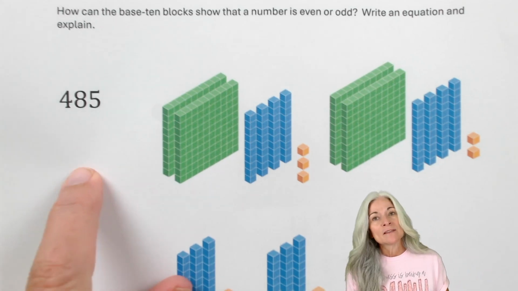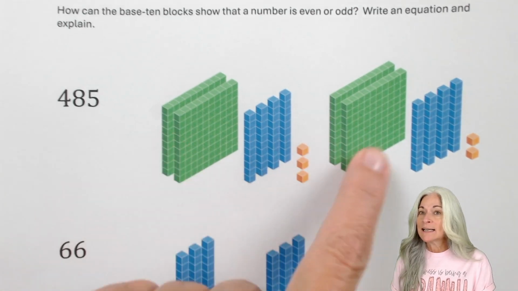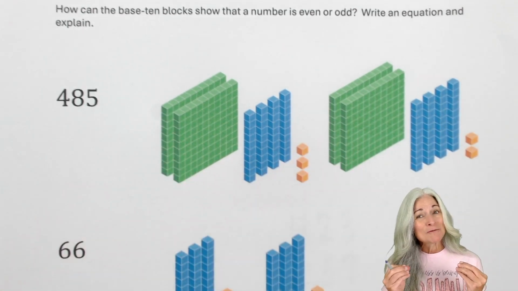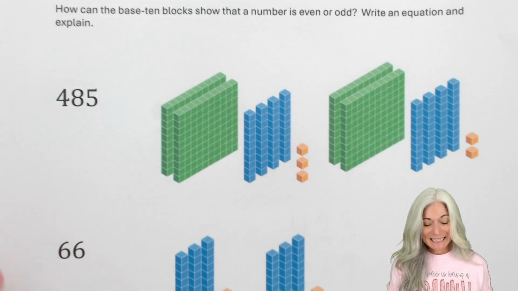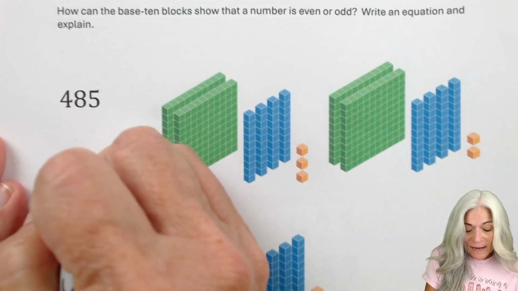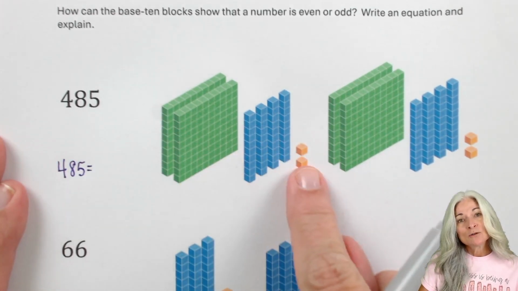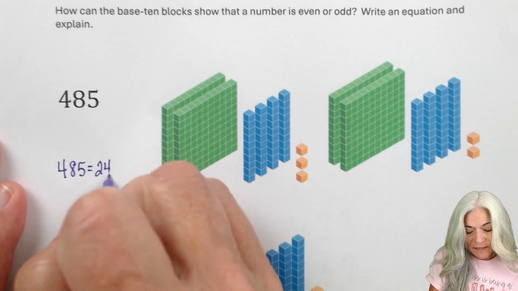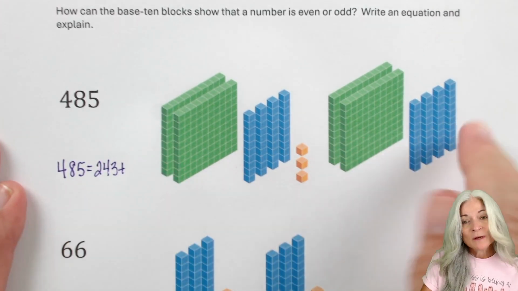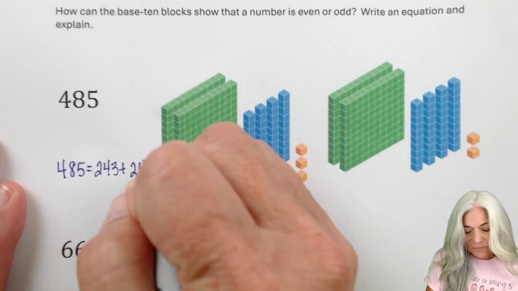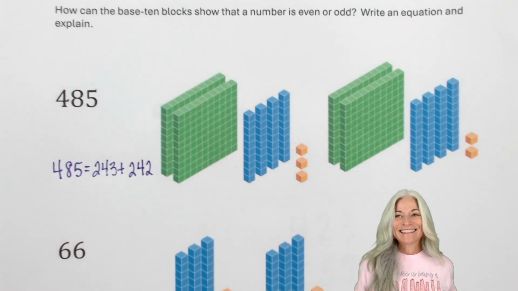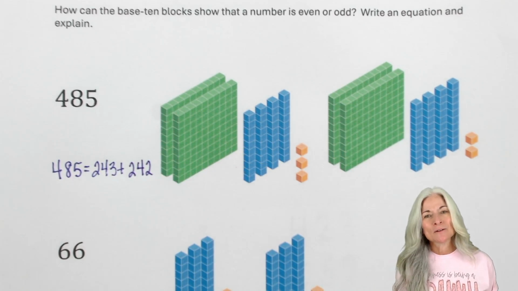So if we're looking at this 485, we see it's close to two equal groups, but they're not. So we can show in the equation 485 is equal to 243 plus 242. But no cigar. We cannot decompose those into two equal groups.